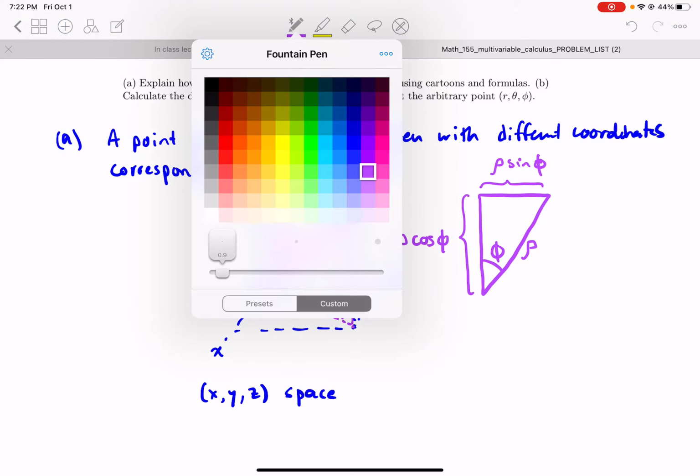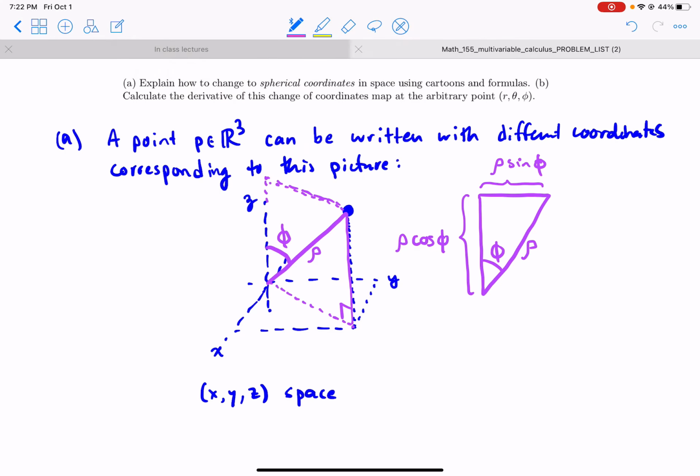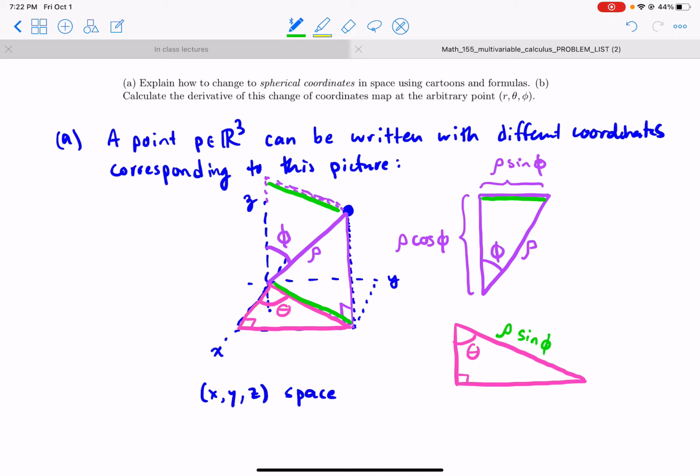Okay? And then there's one more triangle that we'll need, and I'll do it in pink. This triangle down here has a right angle, and this angle I will call theta. And I redraw that triangle. And there's theta. And now what I notice is that this piece up here and this piece down here have the same length, and that length is rho sine phi.